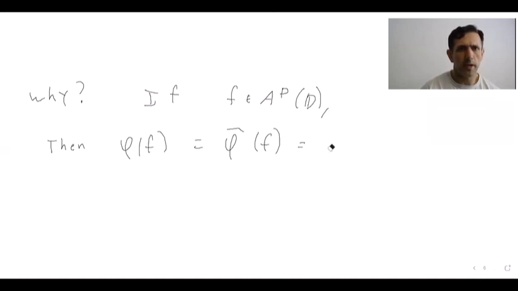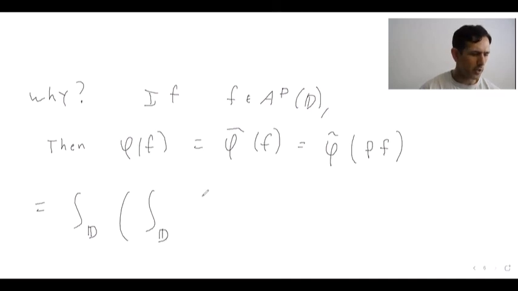So f is in AP, and I mentioned that one of the properties of this Bergman projection is that it is the identity on AP. So this is equal to Pf. Let's write everything out.